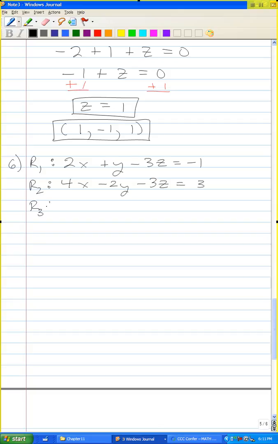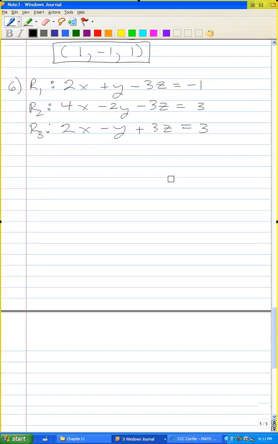Third equation, 2x minus y plus 3z equals 3. So actually it looks like z is actually easiest to eliminate, because if you add R1 to R3 and R2 to R3, you eliminate z. And so that actually looks pretty easy.